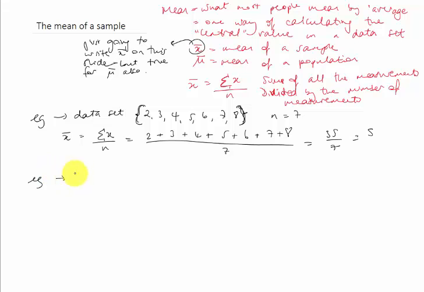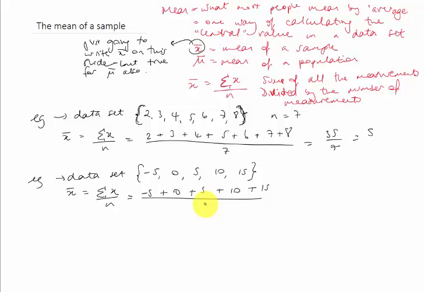How about another example now? This other data set has just -5, 0, 5, 10, 15. Using that same formula, that's the sum of the x's divided by n, so -5 plus 0 plus 5 plus 10 plus 15 divided by 5, because n equals 5.